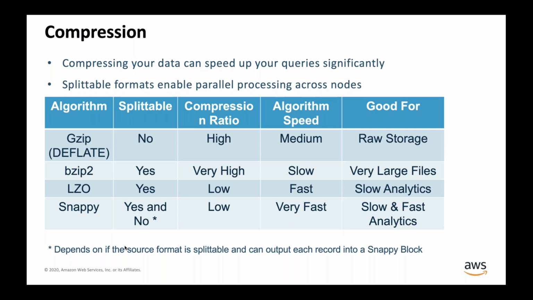Of course, there are pros and cons with each compression type that you pick, but the idea is you want to pick the right compression for the workload in mind. So it depends on if you're running algorithms on top of the data or just doing analytics. You're definitely going to want to pick the right compression for the workload in mind.